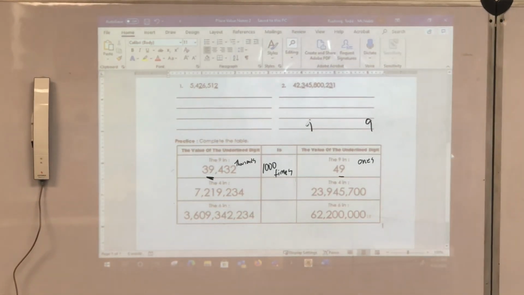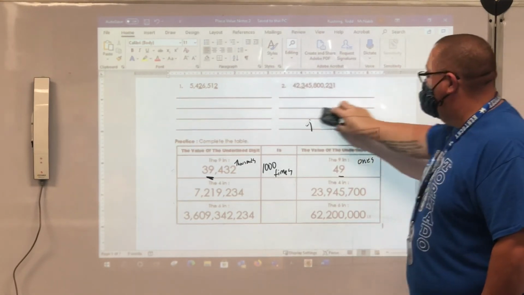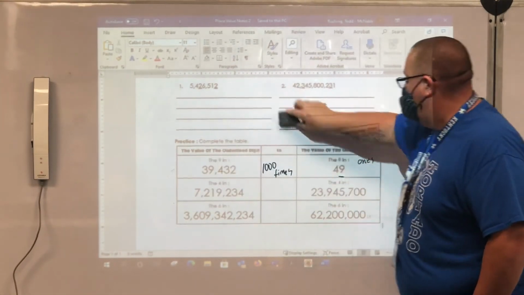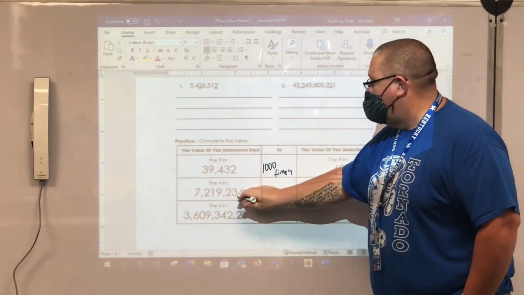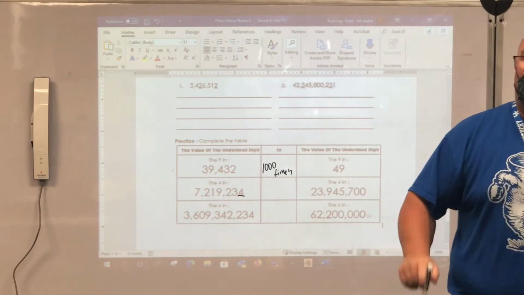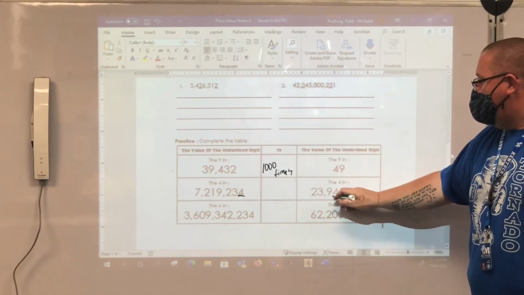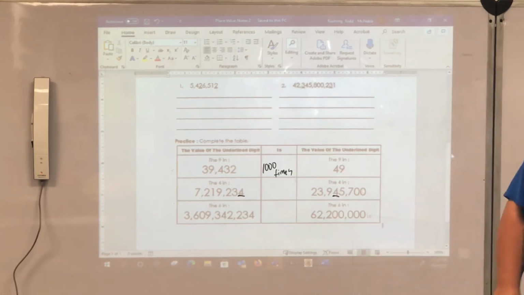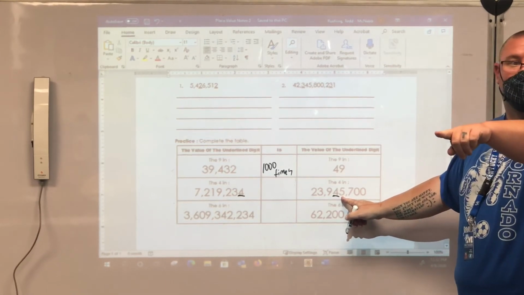Let's look at the second one. So we're talking about a 4. Let's first find our 4. What place is that 4 in right there? Ones. The ones. Okay, and the 4 here is in the 10,000s place. Thousands is going to be the first one there, but it's the 10,000s.